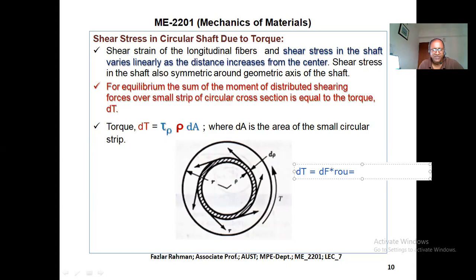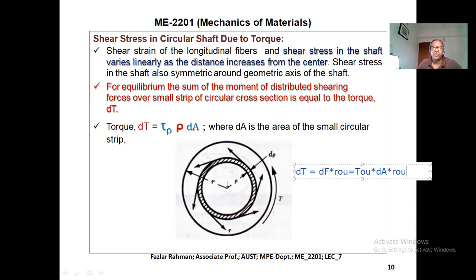Tau into area, small area, dA. So this will come dA into this rho. That's right over here. But instead of tau, they write tau rho.